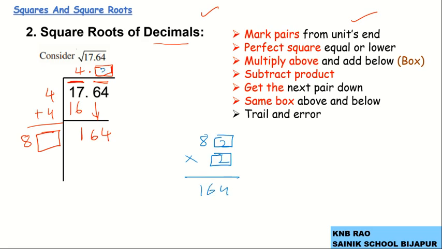So after the decimal point we have 2. So 164 minus 164 gives 0. Therefore, the square root of 17.64 is 4.2. This is how we can find using the long division method.